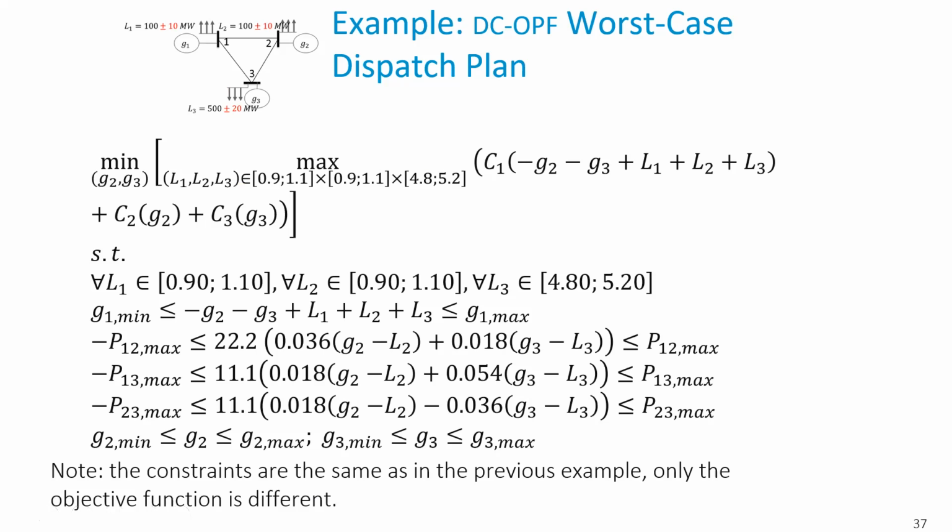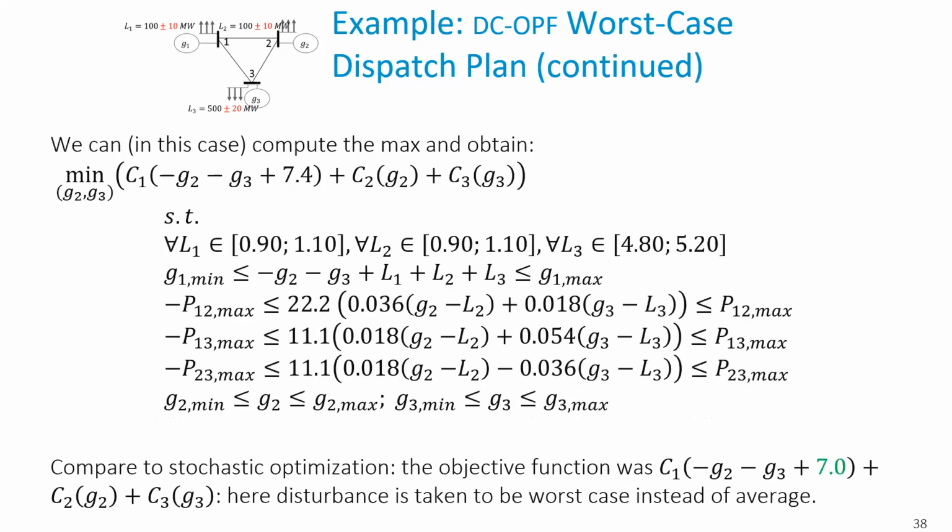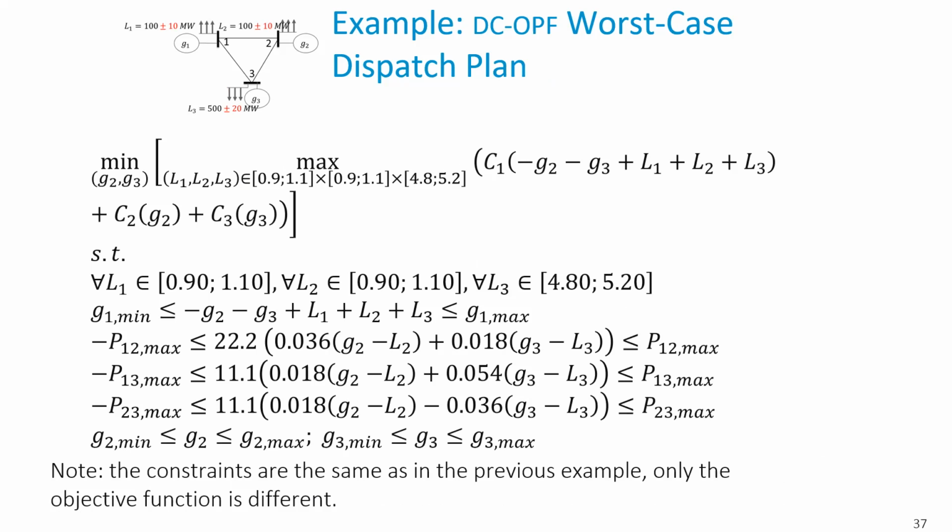Now, one of the reasons people often use this is that it is in fact very simple to handle. In this specific case, it's even trivially simple, but we'll see that in general we can always solve it. Here, the question is, what is the max of this expression when L1, L2, L3 are in this bound? But this depends on L1, L2, L3 in a monotonic way.